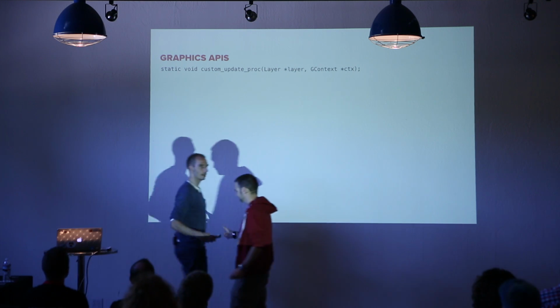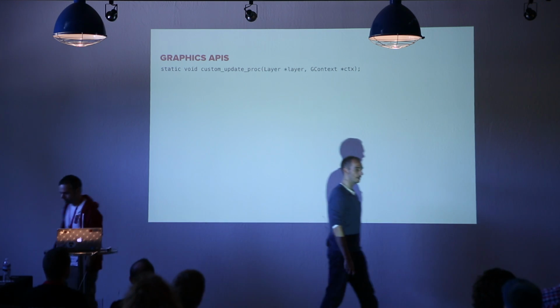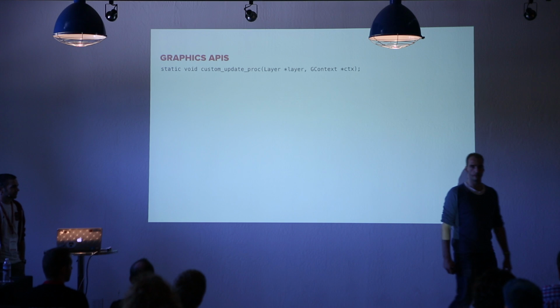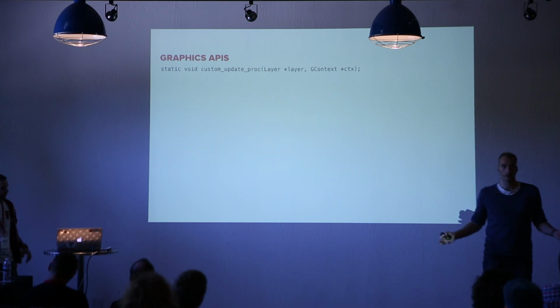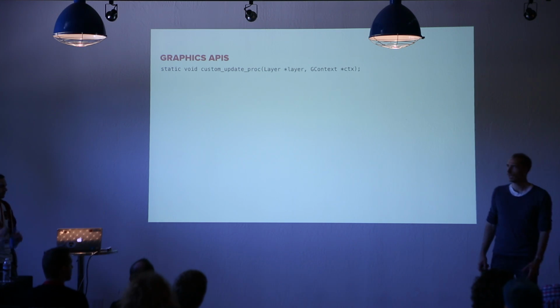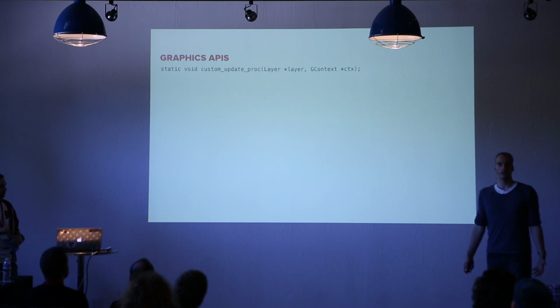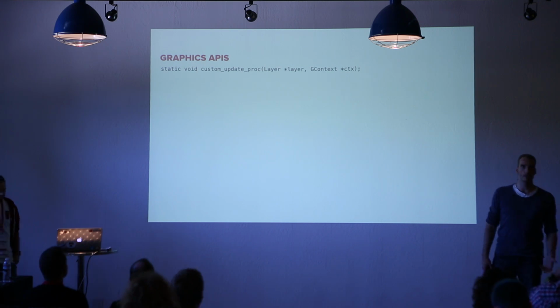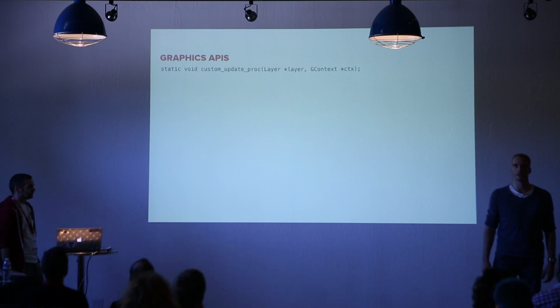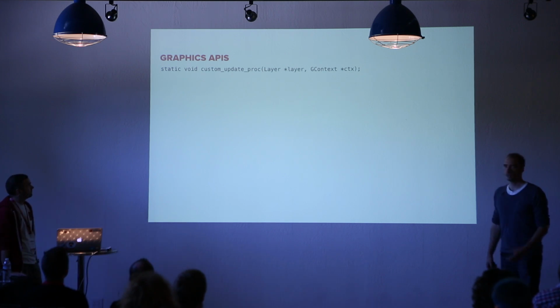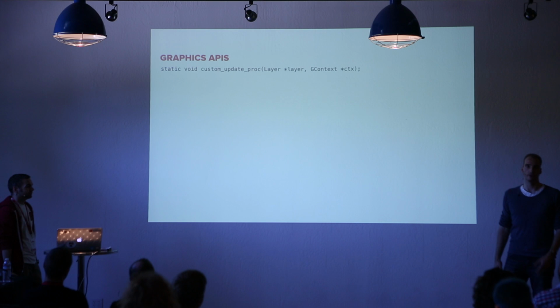As you can see, it's not that complicated at all. In the end, the way we structured our windows, windows have layers, and each layer has its own update proc. You can create a new layer and set a custom update procedure on that layer. In fact, when you deal with text layers or any other, like a bitmap layer, they have their own update procedure under the hood.